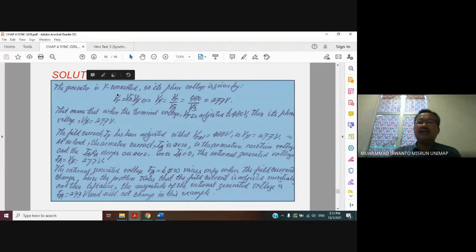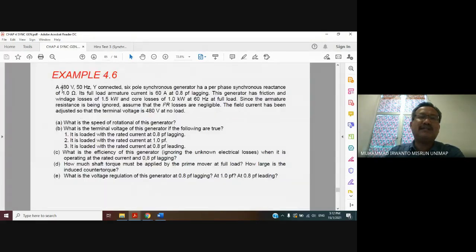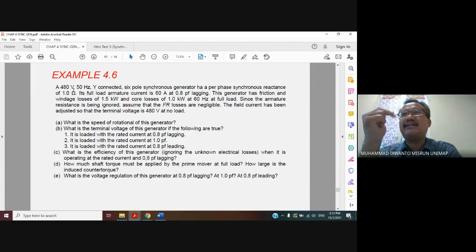Now, if the terminal voltage is given as 400 volt, here it means the line to line terminal voltage. Remember, there are things you have to remember related to voltage and also current.